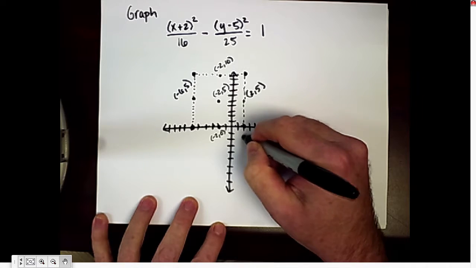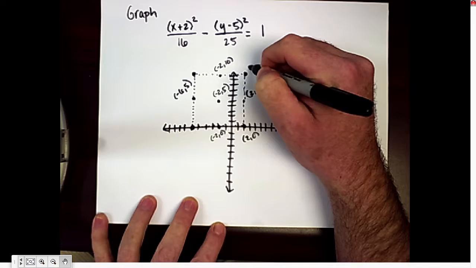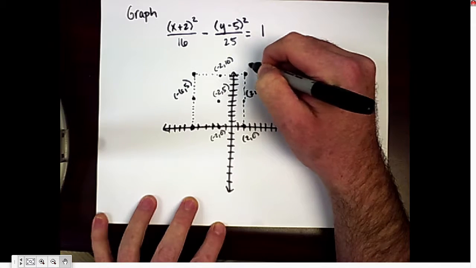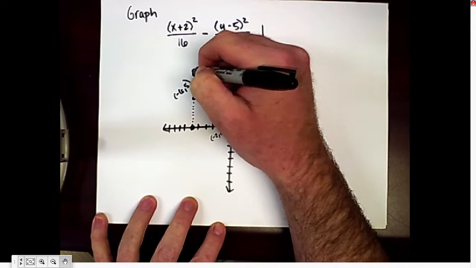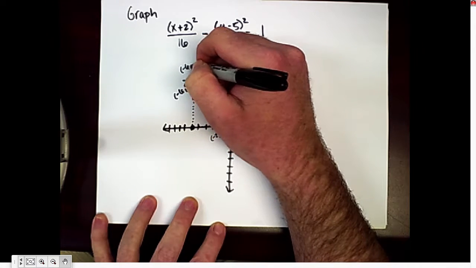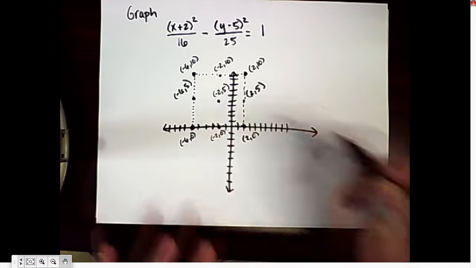This one would be 2, 0. This one would be 2, 10. This one would be -6, 10. This one would be -6, 0.